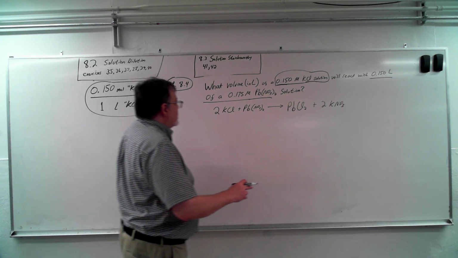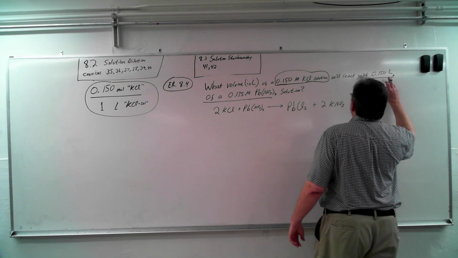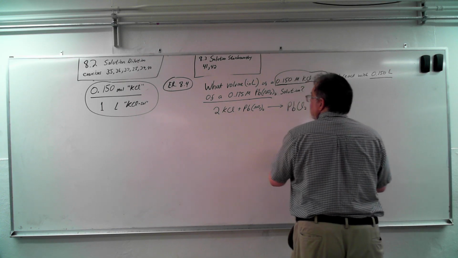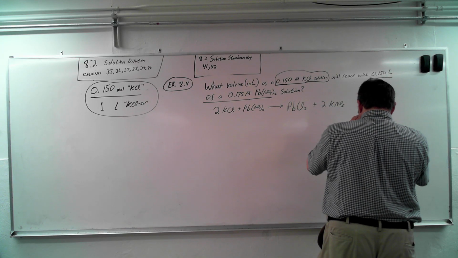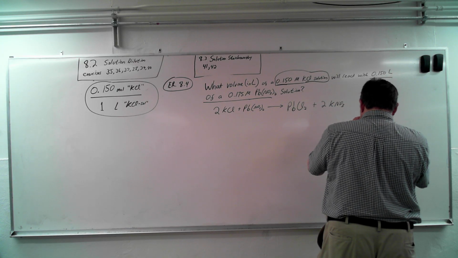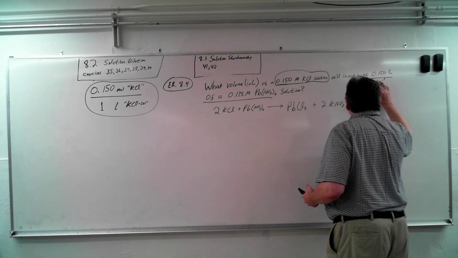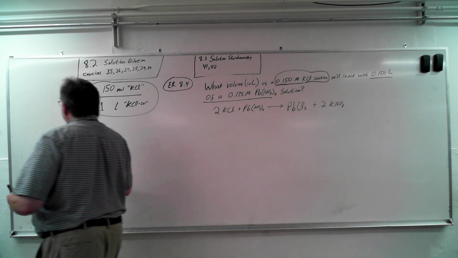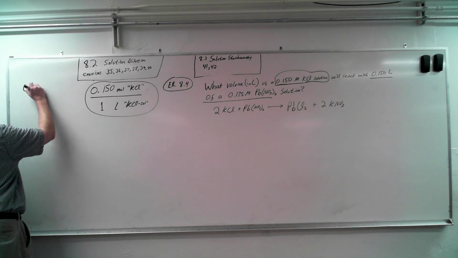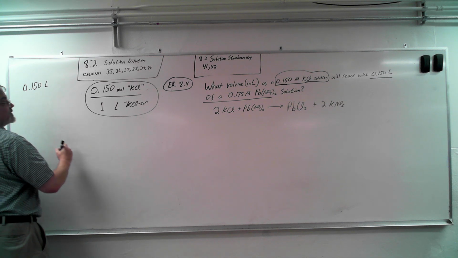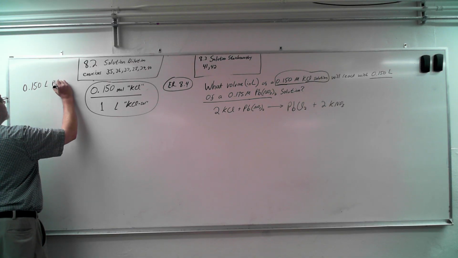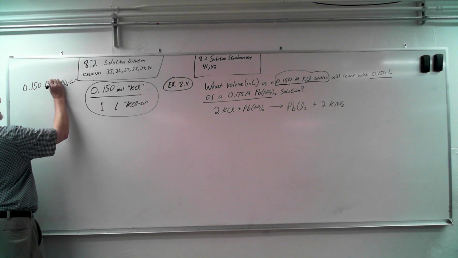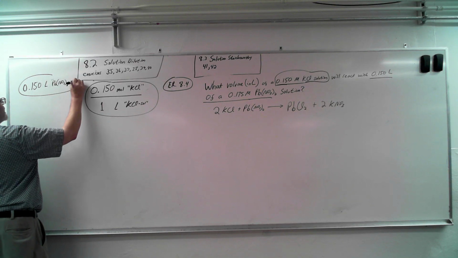Okay, and this is what I was trying to do before. 0.150 liters. 0.150, that's correct, it's just a little confusing. 0.150 liters of Pb(NO3)2 solution. That's another ingredient.